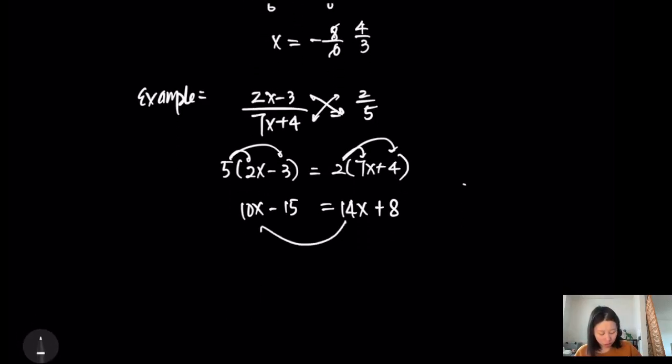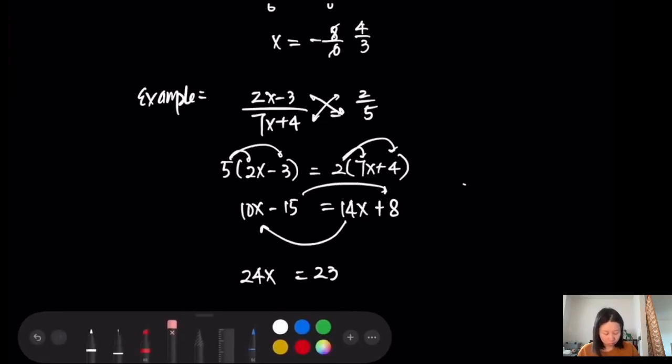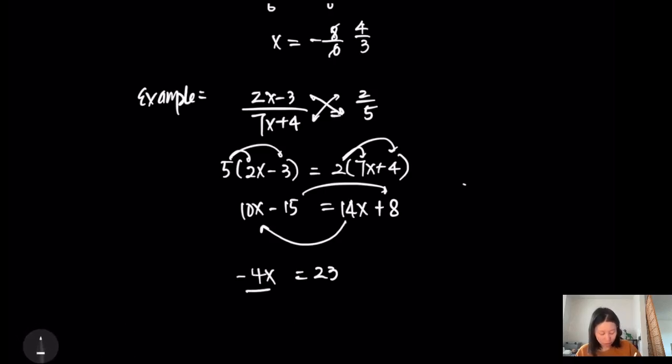I want to move 14x to this side and 15 to the other side. So I have 24x equals 15 plus 8, which is 23. You're subtracting 14x on both sides, so you should get -4x. Now, I just need to divide by -4 on both sides. So I solve for x equals 23 over 4.